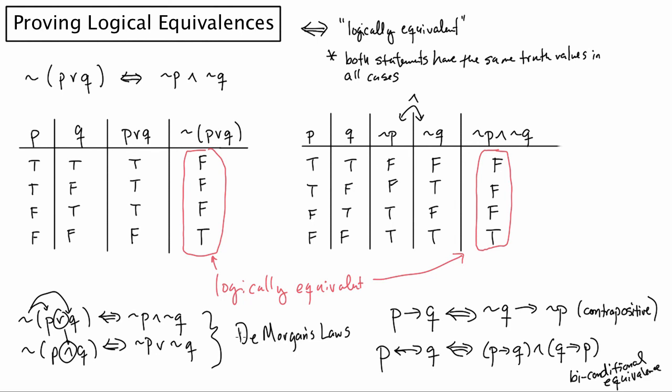And so all four of these laws, De Morgan's laws and the contrapositive and biconditional equivalence, are heavily used logical equivalencies throughout the course. They're worth committing to memory, that these statements mean the same thing, because sometimes it's easier to prove one side or the other if it's stated in the other way.